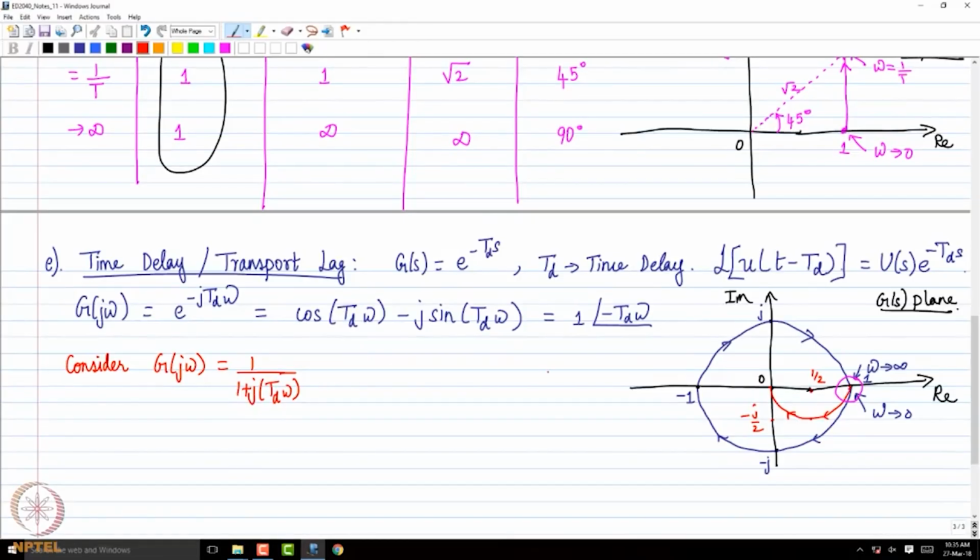So at low frequencies, I am going to have this thing to be true.